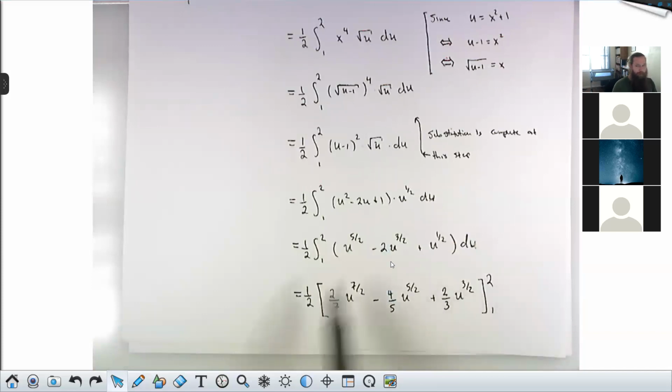Before I evaluate, a nice fact is that these evaluation brackets behave like parentheses. You can distribute constants over them. So I'll go ahead and distribute this 1/2. That'll knock these 2's down.